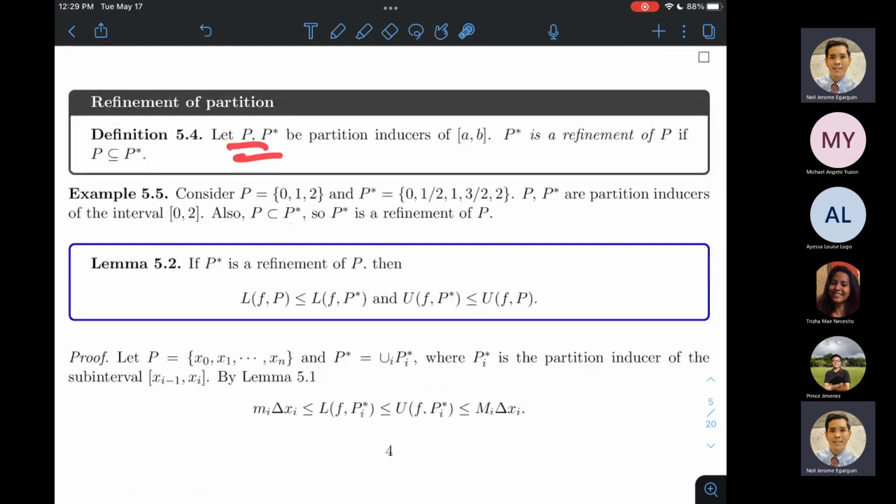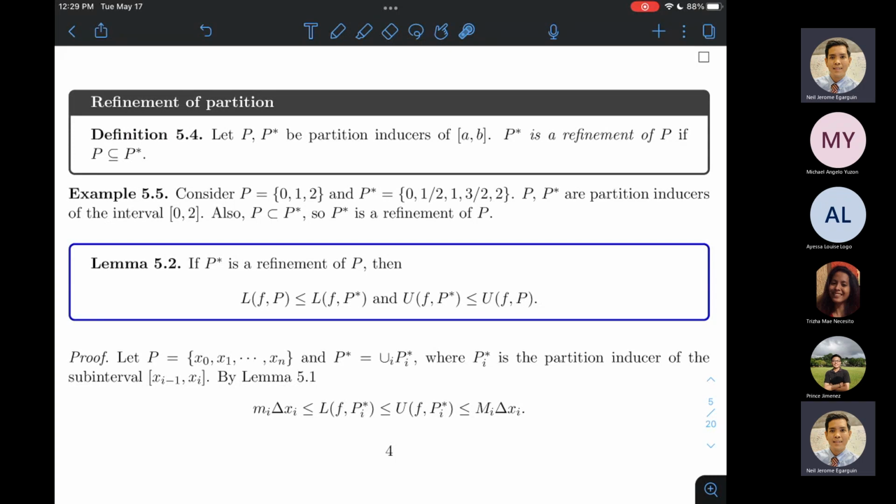Now, if we consider two partition inducers, say P and P star of the same closed interval AB, we can say that P star is a refinement of the partition inducer P if P is a subset of P star. Okay? So kapag mas maraming elements, actually hindi lang basta dapat mas maraming elements.